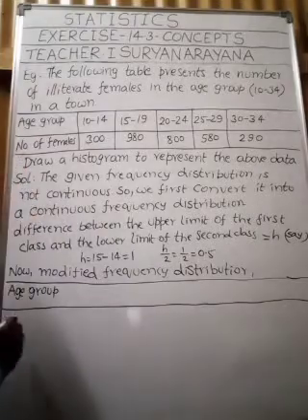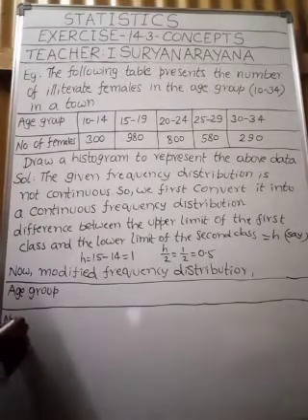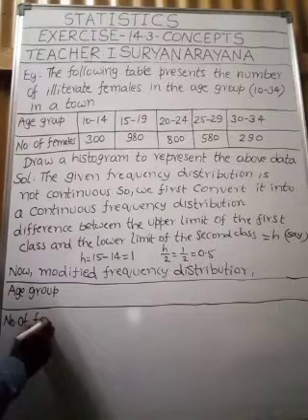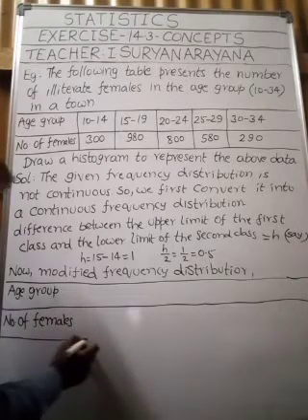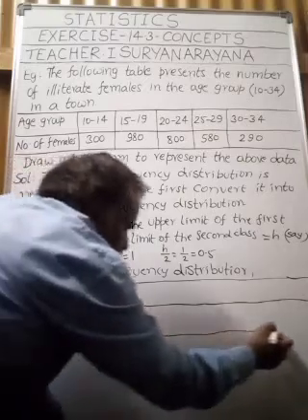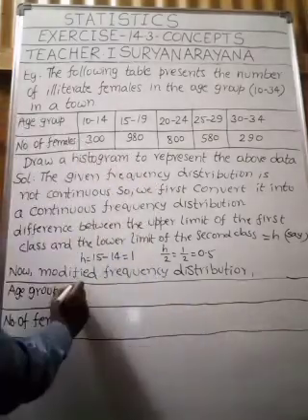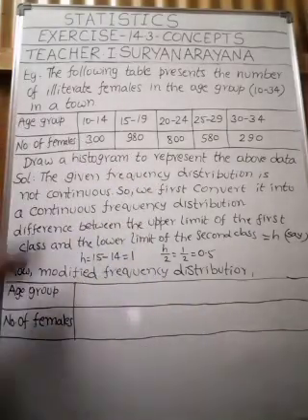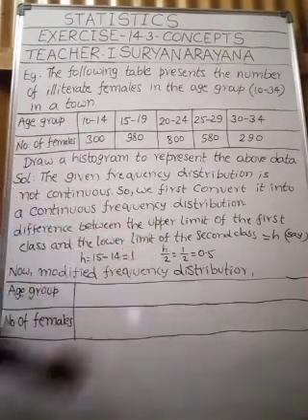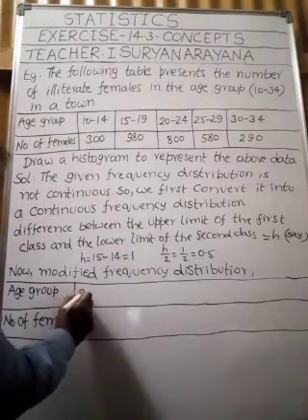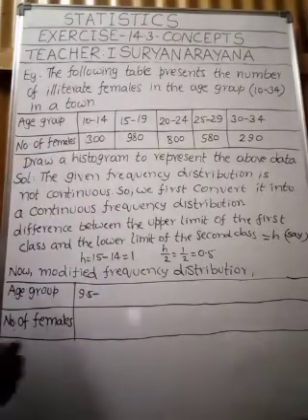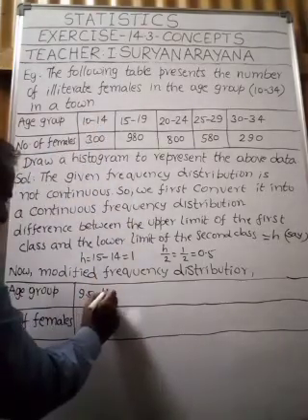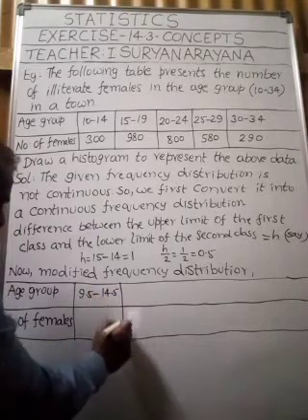Next, number of females. Here 10 is there, we have to subtract 0.5. Then what do you get? 9.5. Here we have to add 0.5 to 14. So we get 14.5.